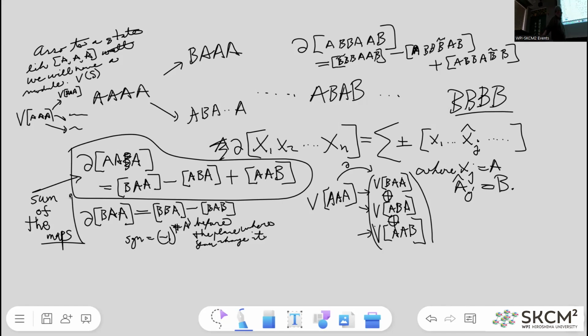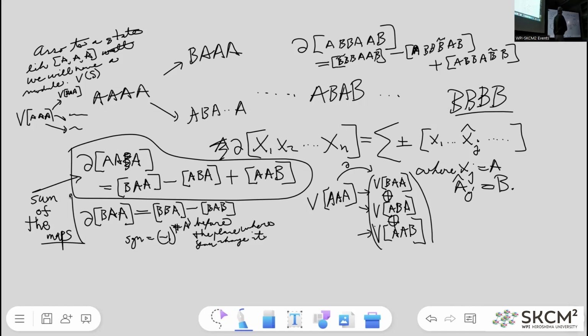So in other words, what you end up with is you start with the states, you measure them by writing them as a kind of module. And then you have a way of mapping the states from one to another in such a way that this collection of states maps to that one so that if you compose them twice, you get zero.